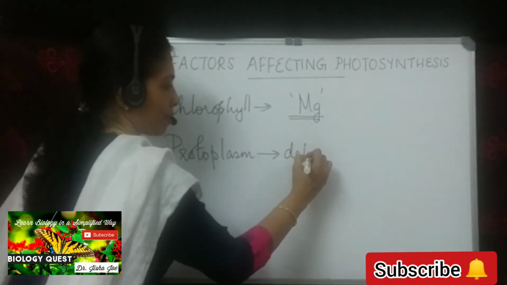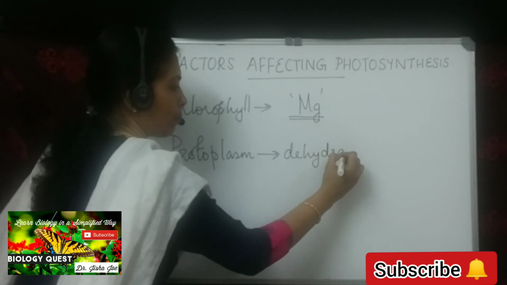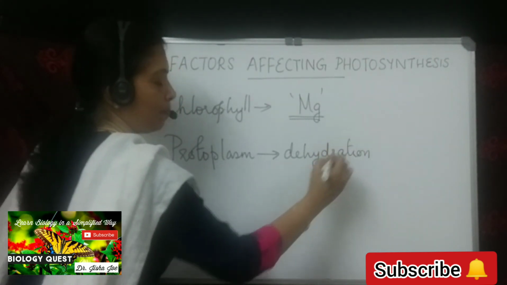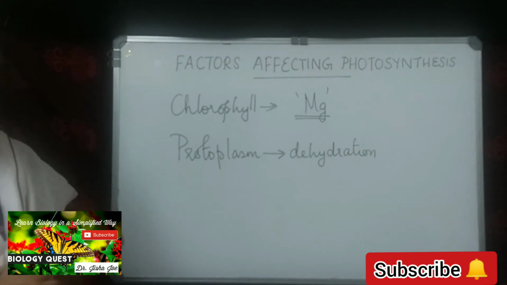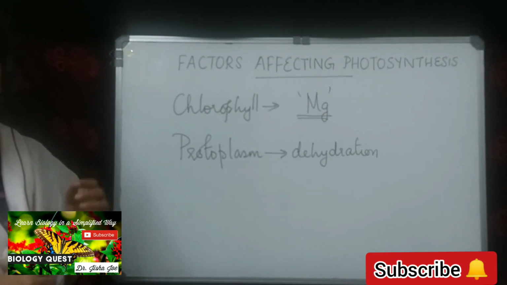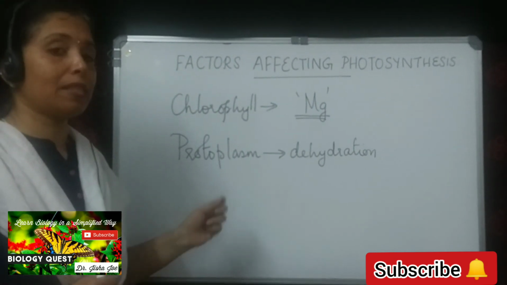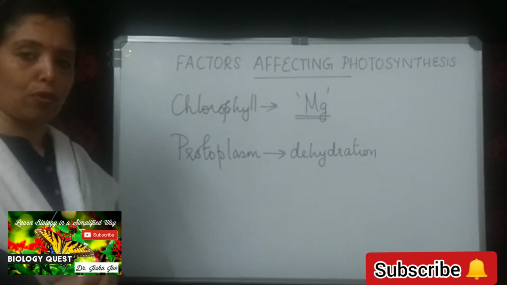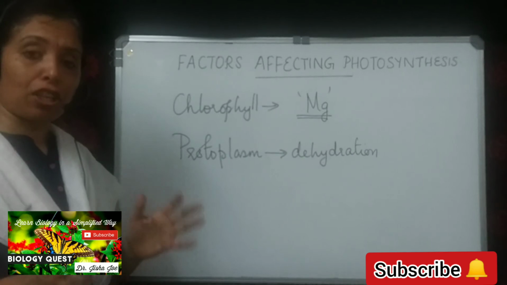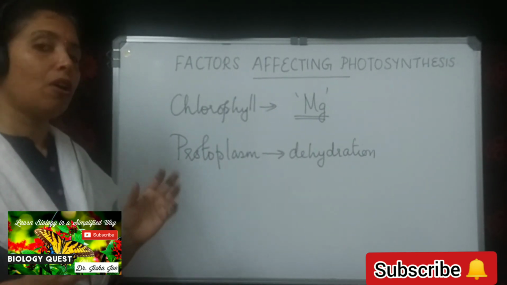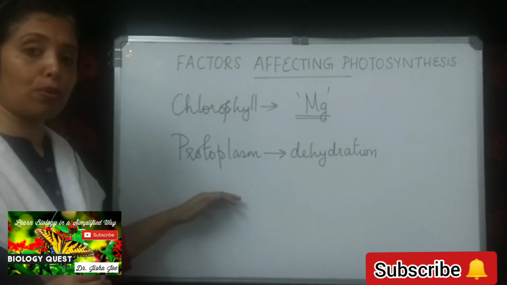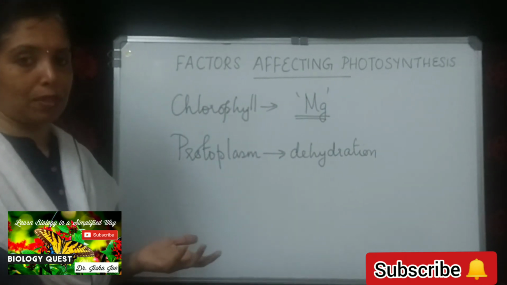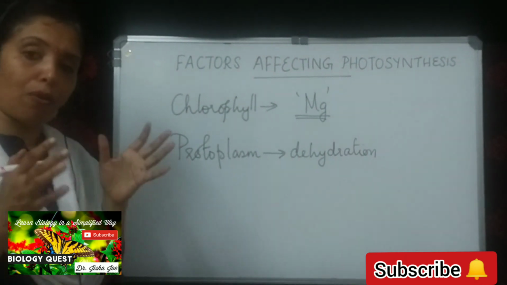Dehydration of the protoplasm, that means when there is not enough water in the protoplasm, again the rate of photosynthesis will decrease. Also, the accumulation of starch or the other sugars might also reduce the rate of photosynthesis, because all these contents are already present.